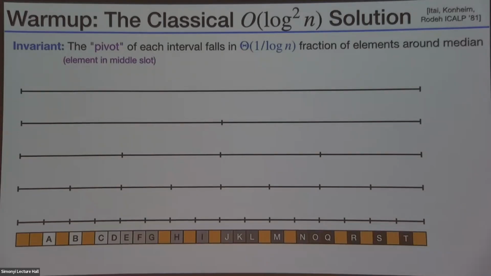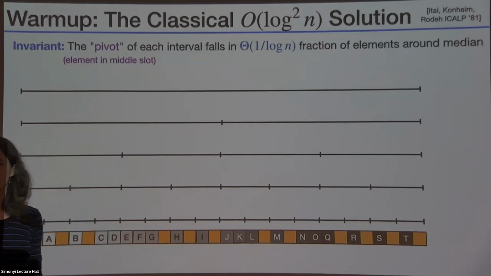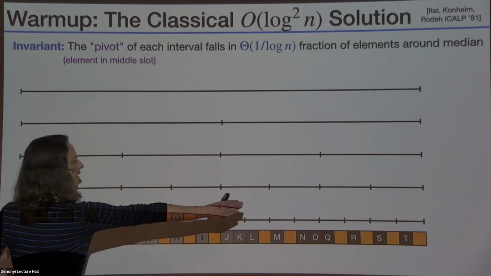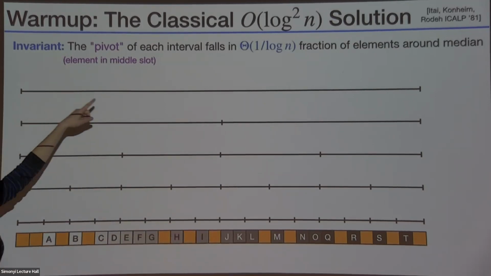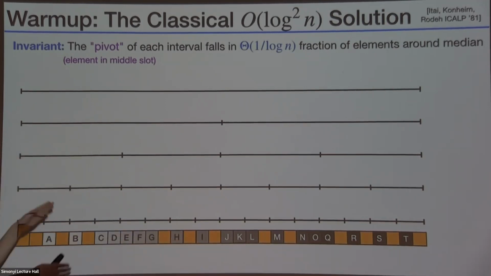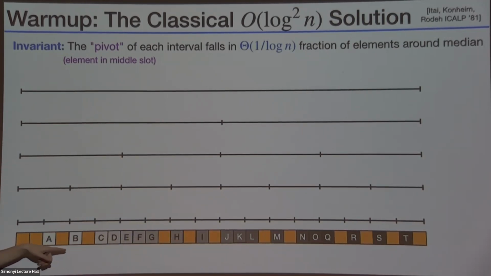So I'm now going to phrase the invariant with respect to something called the pivot. The pivot of an interval is simply the item that appears right in the middle of the interval. So if I'm talking about this whole entire interval, the top one, the pivot is simply the item that appears right in the middle, J. For this interval, the pivot is T, let's say.